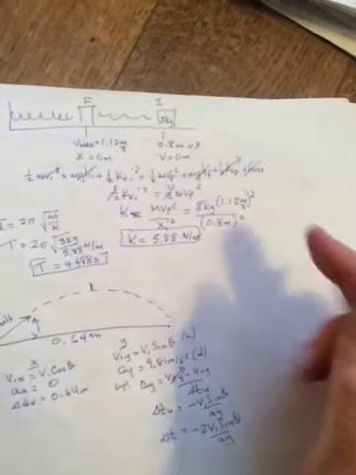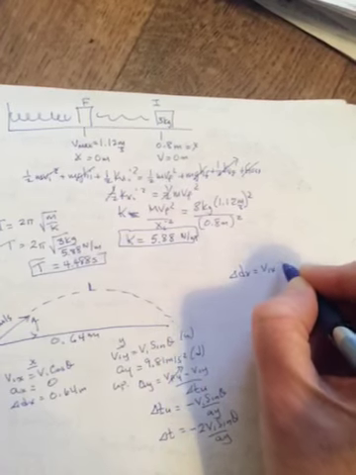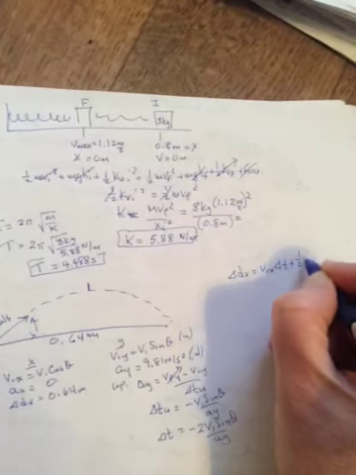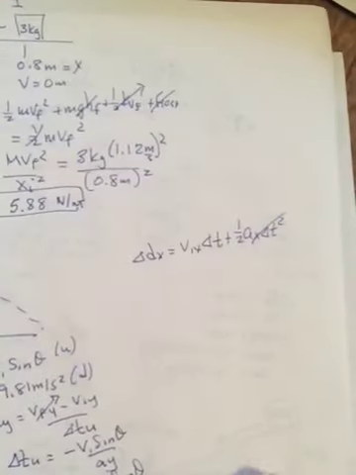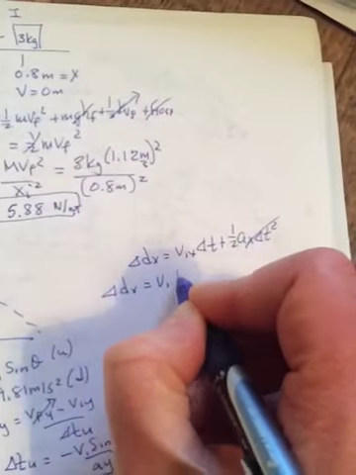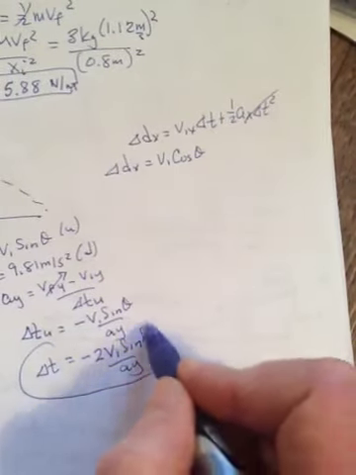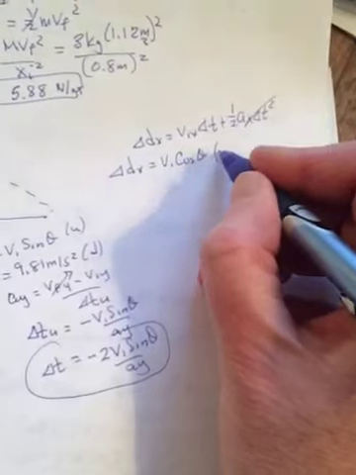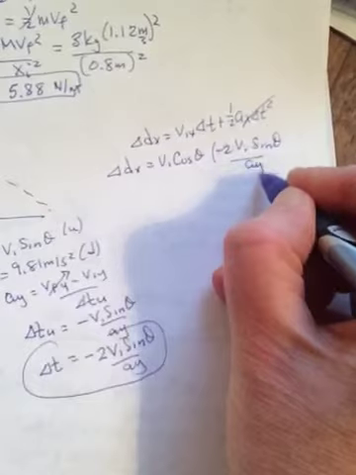And so then we go to the x direction, and I'm just going to do it up here. We know delta dx is equal to VIX delta t plus 1/2 AX delta t squared, and this goes to 0. Okay, so we have delta dx is equal to VI cos theta, and instead of the delta t, I'm going to fill in this. So it'll be negative 2 VI sine theta over AY.